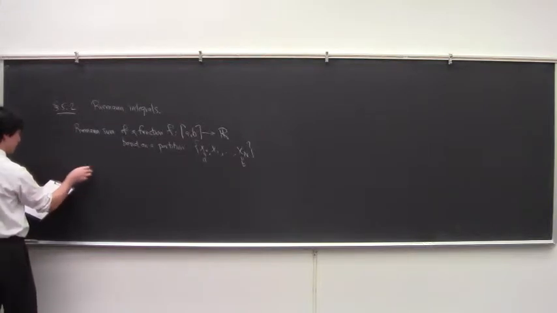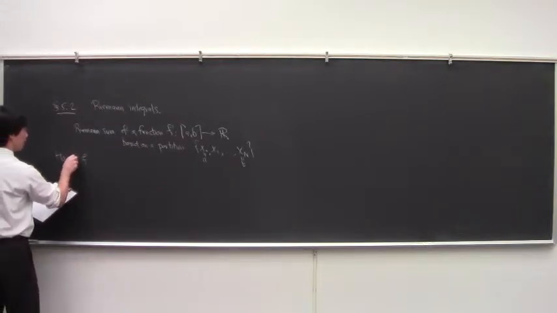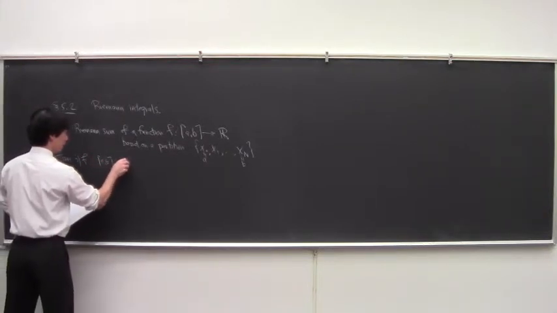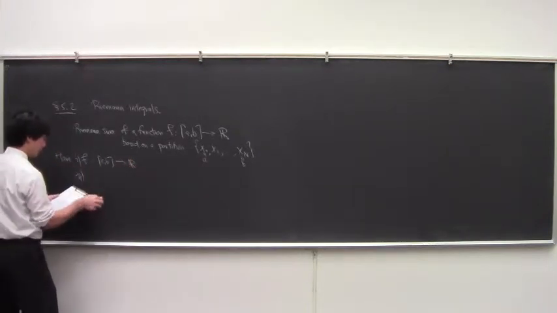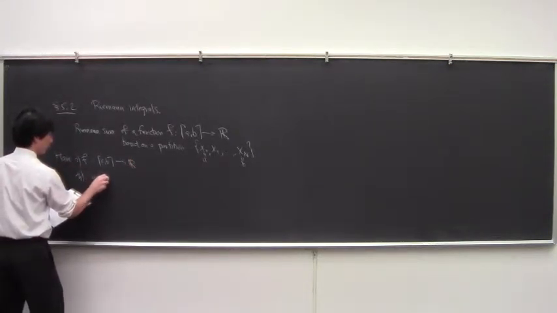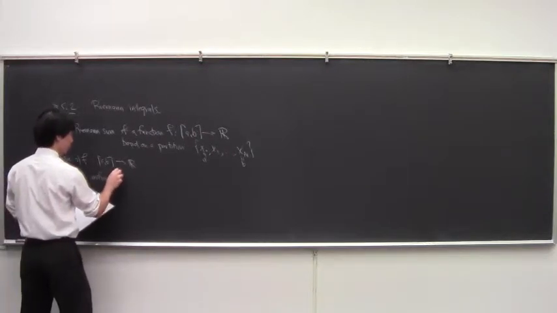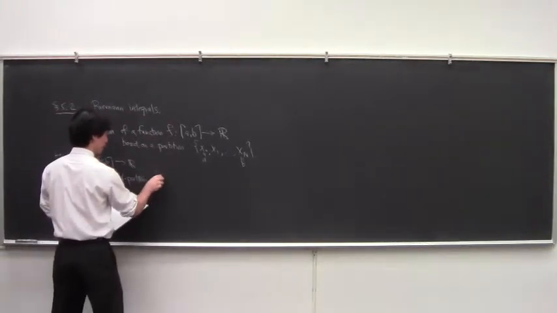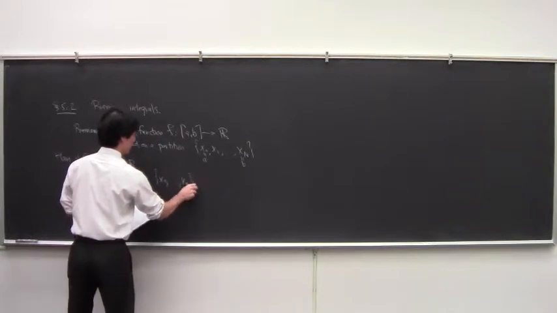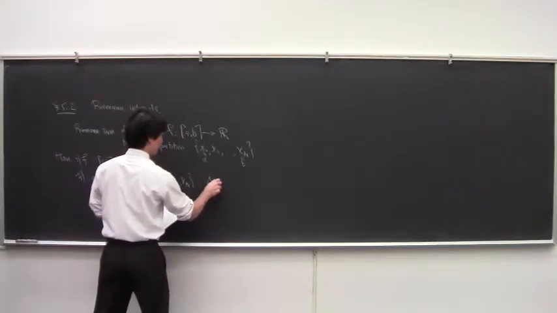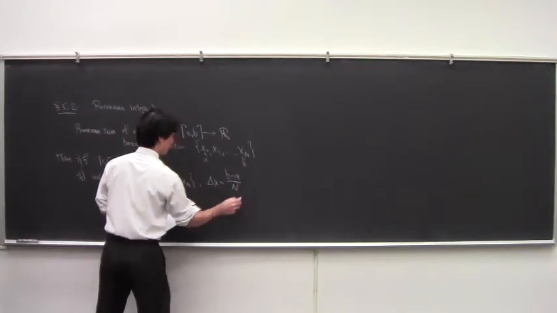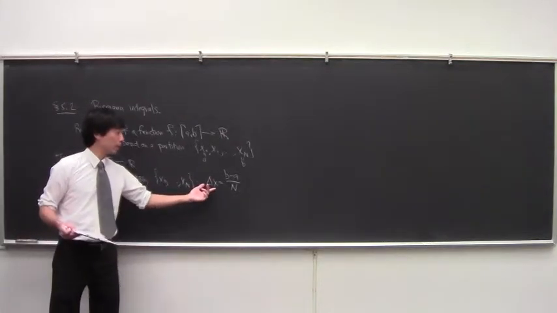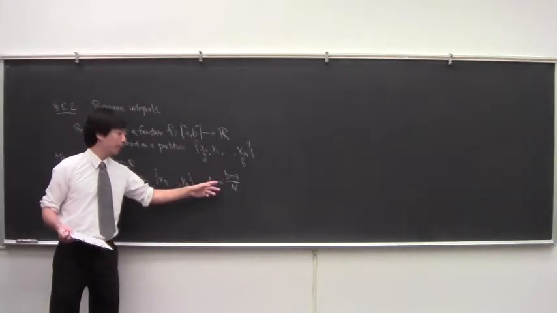You have your function on [a, b] to R. Two, you have a uniform partition of [a, b] into n parts, the same as we had yesterday, right? You divide [a, b] into n intervals, each of length (b minus a) over n.